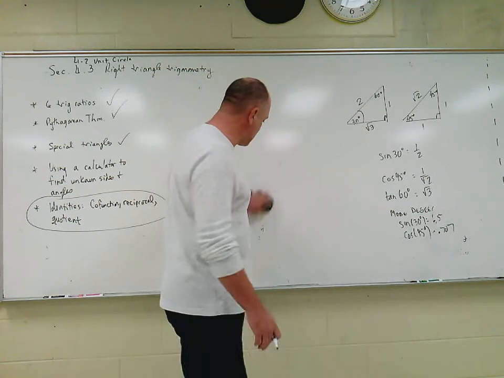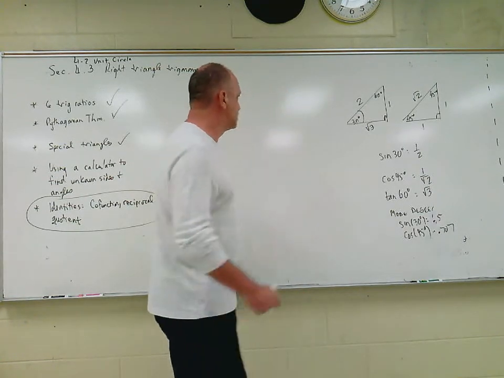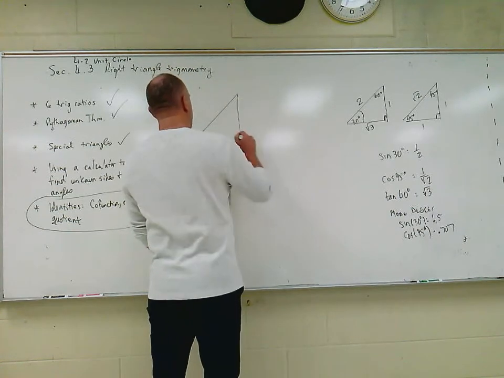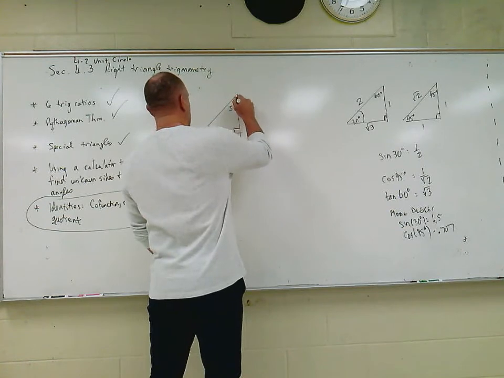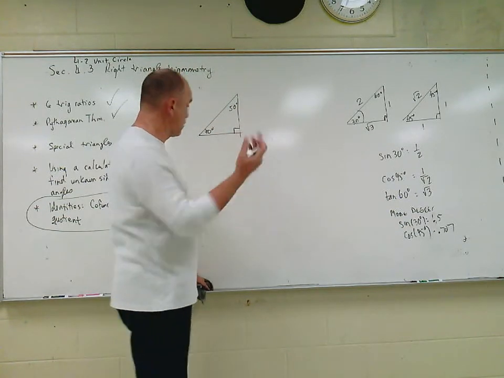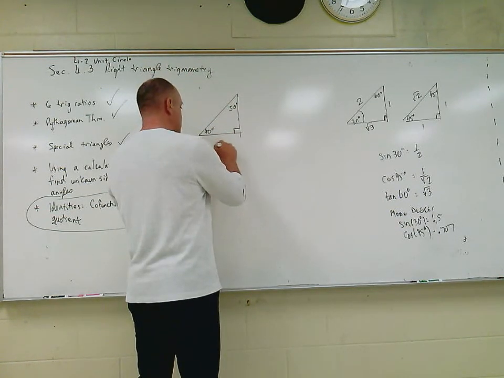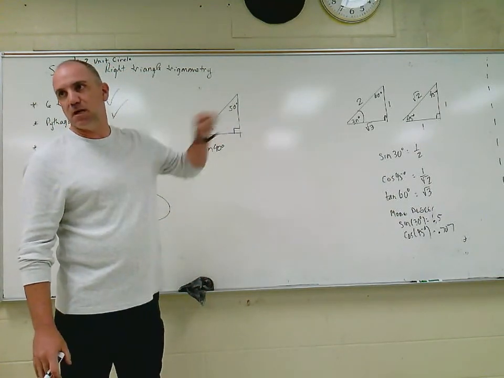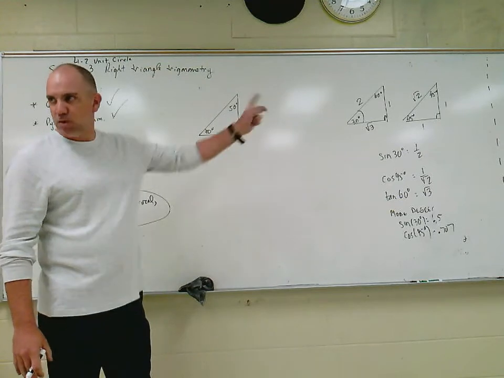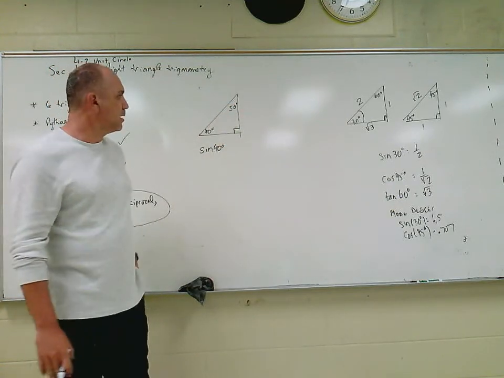So how can we type it in on a calculator? For instance, if we have this triangle, say this is 40 degrees and this is 50 degrees, well, we don't know the sides. So if we want sine of 40, we just got to type it in. I'm using this right now because we know the answers, so we can verify, okay?